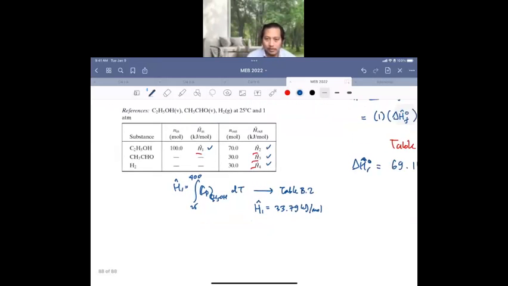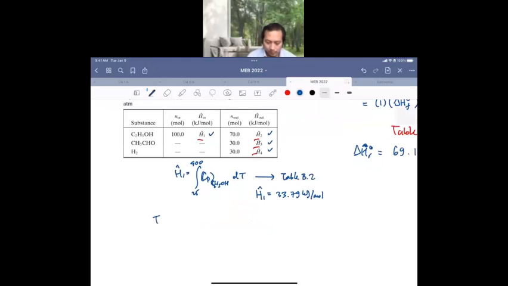Similarly, Table B2 is used for the others as well. There are also other sources not mentioned in the question; if you have the books, you can read that. They give sources for Cp if it isn't in the table.